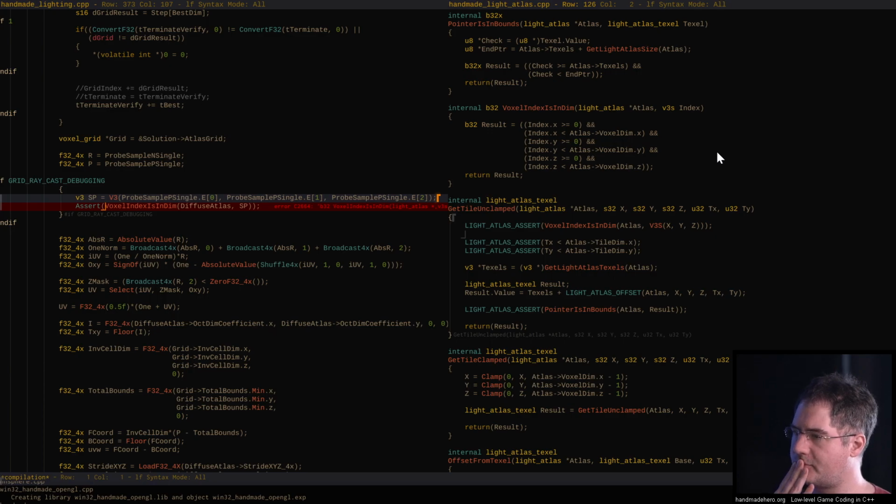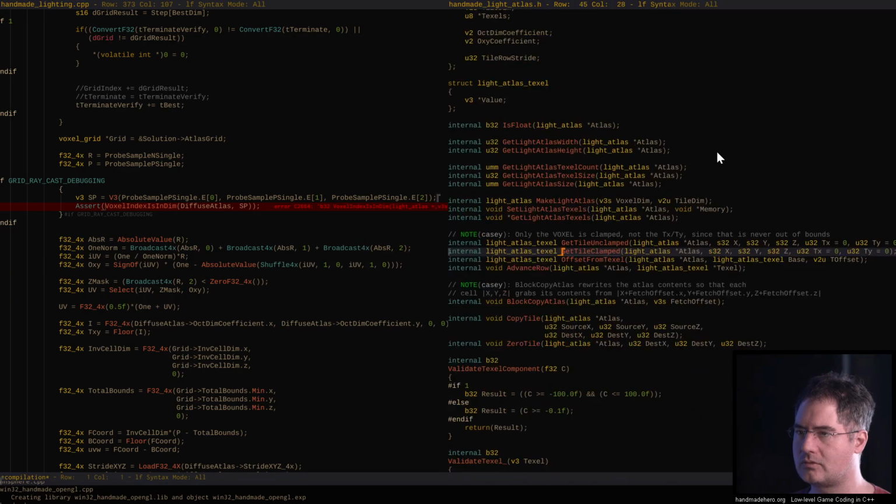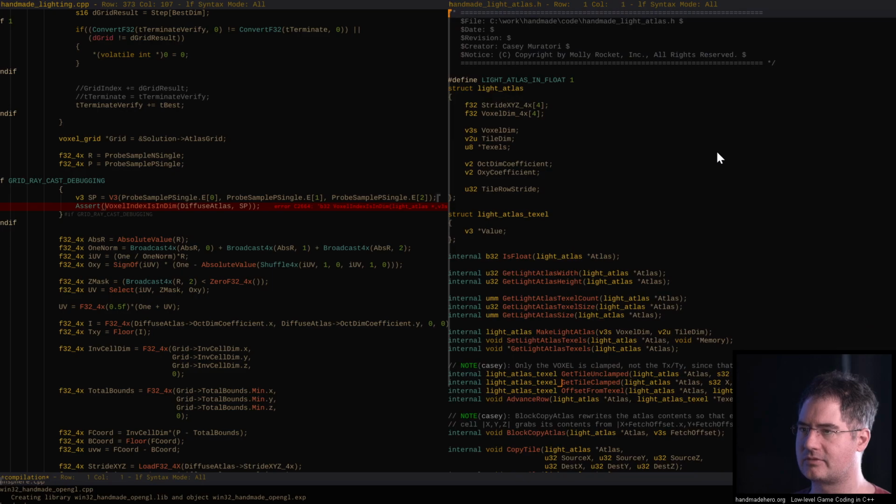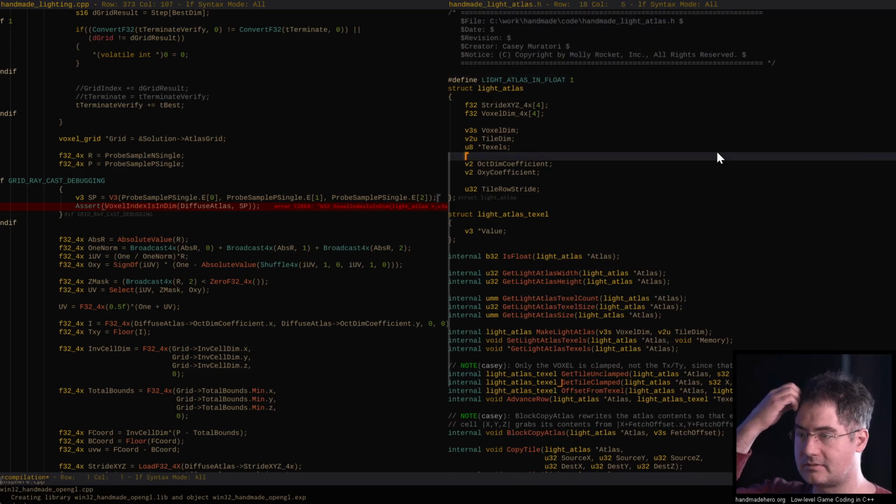Although I guess probe sample p single still has to be converted. So we still need something that maps into there, which I guess we don't really have. Right?